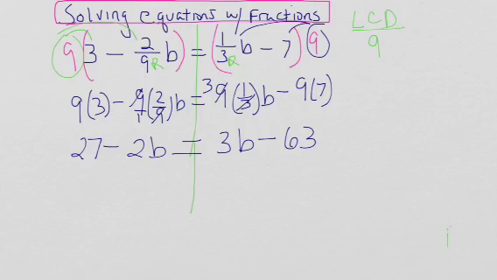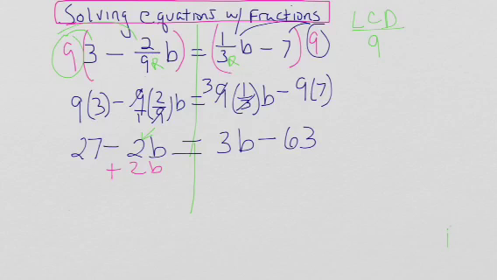Now you can see we have a case where we have drama on both sides of the street. We got to get rid of the drama. Again, you want to get rid of the smallest amount. So you ask yourself, what's smaller, negative 2 or 3? And hopefully you'll agree that negative 2 is smaller than 3. So since I'm minus 2b, we want to get rid of the minus 2b, so we're going to add 2b.